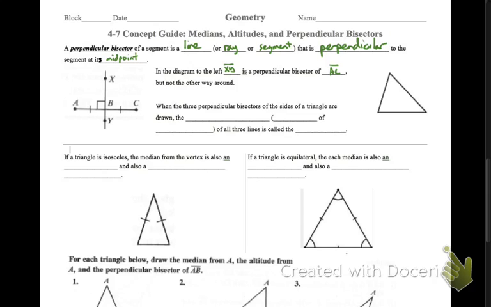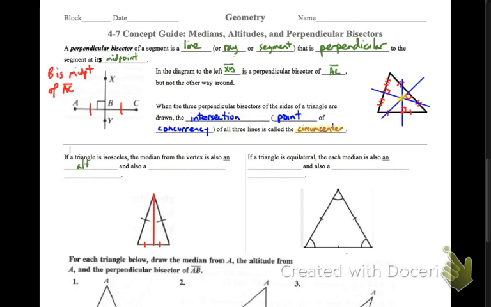If we're talking about triangles, when there's three perpendicular bisectors, the intersection of those is called the circumcenter. Check out this diagram over here. If I got my midpoints and I'm going to make perpendicular bisectors, there is the perpendicular bisector of this side. Here's the perpendicular bisector of this side. And this is the perpendicular bisector of this side.